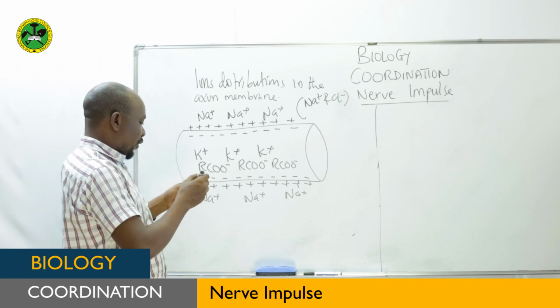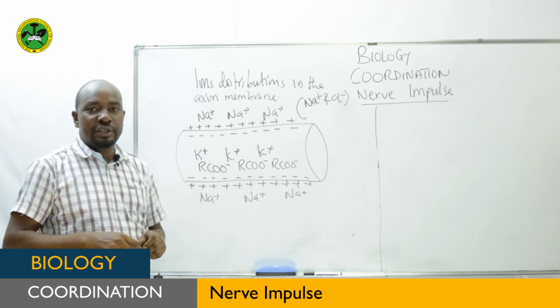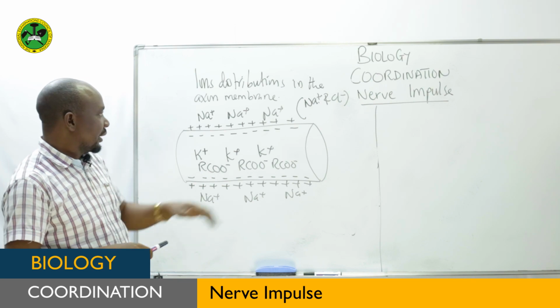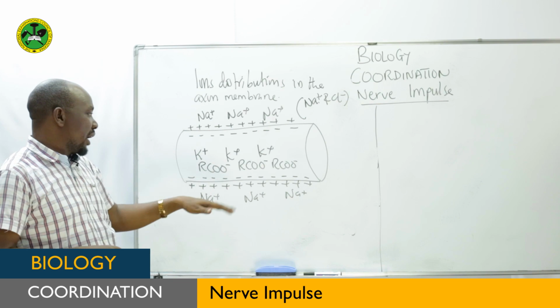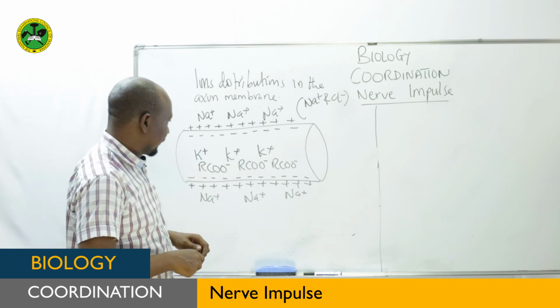So there are only 4 ions which account for the ion distribution across the axon membrane. That is sodium ion, chloride ion, potassium ion, and the negatively charged protein ions.